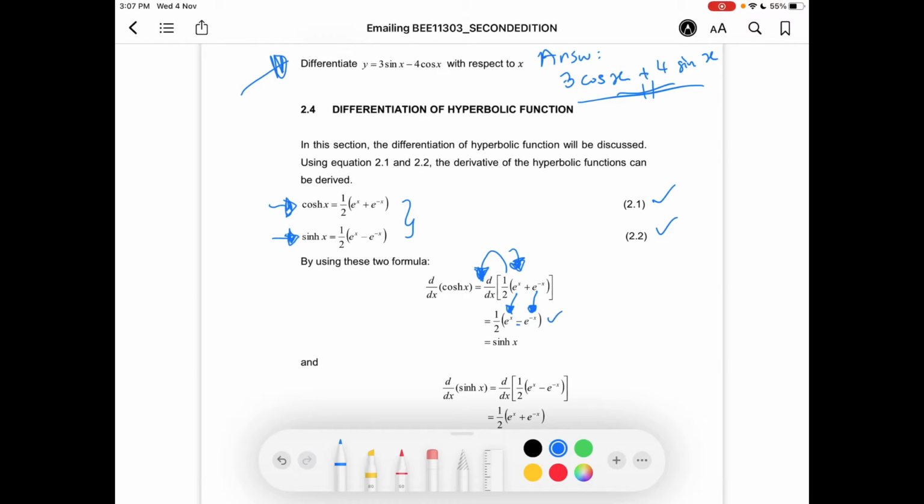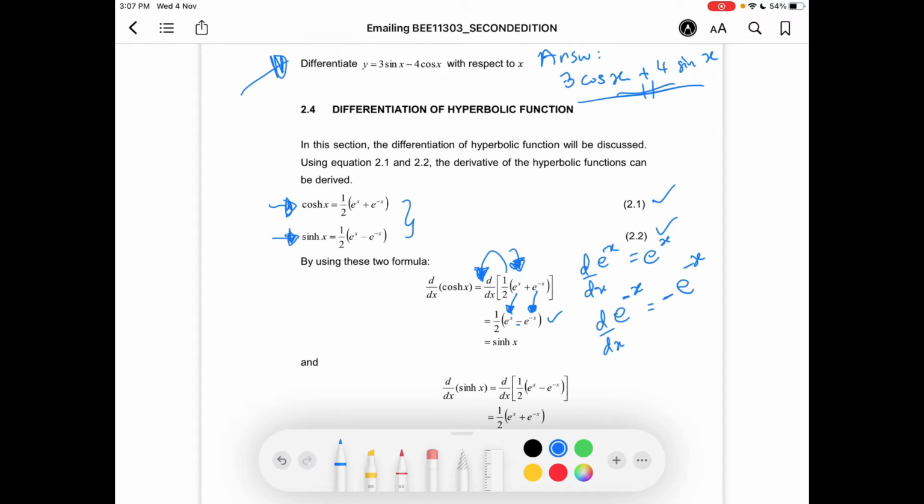This is a little bit special for the exponent function. When you differentiate e^x, your final answer will be e^x as well. And if you differentiate the power of negative x here, you will get negative e^(-x).